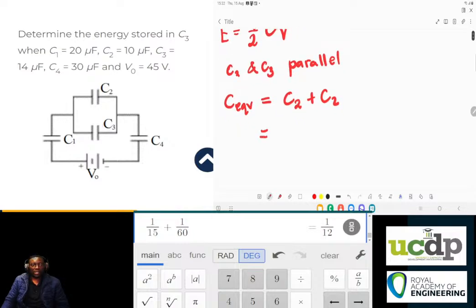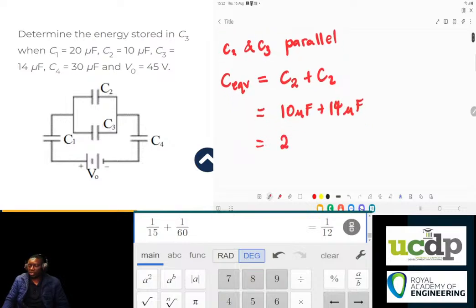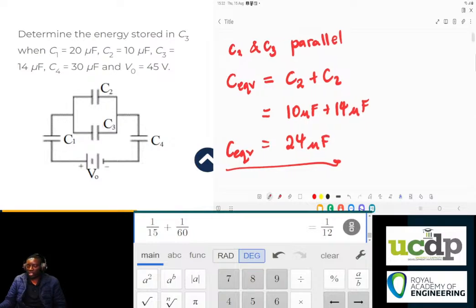C2 is 10, C3 is 14, so this is 10 microfarads plus 14 microfarads, and that gives us a total of 24 microfarads at that parallel part of the circuit. So this equivalent capacitance is like a single 24 microfarad capacitor at that point where we have a parallel connection of C2 and C3.